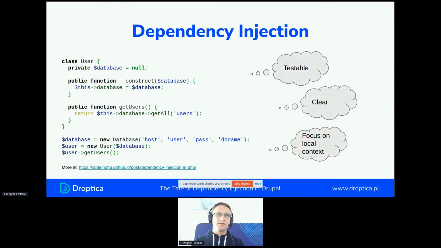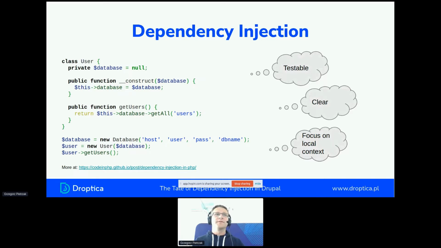The advantage here is that this user class doesn't have to know anything about database creation. It gets the database injected. You can inject either a database or some mock database or anything else that is compatible with the definition. So if you have some interfaces, you can create a very elastic solution here.